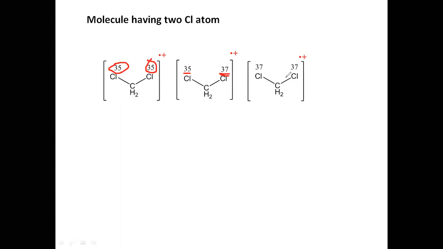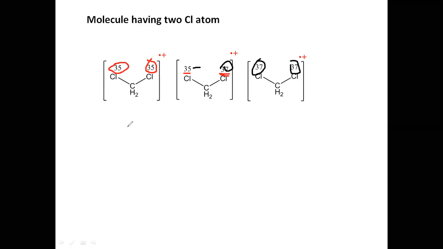So the isotopes which are present are Cl35 and Cl37. So in this molecule, we have taken both the Cl35 here, and 35 and 37, and another, then we have taken another example 37 and 37.